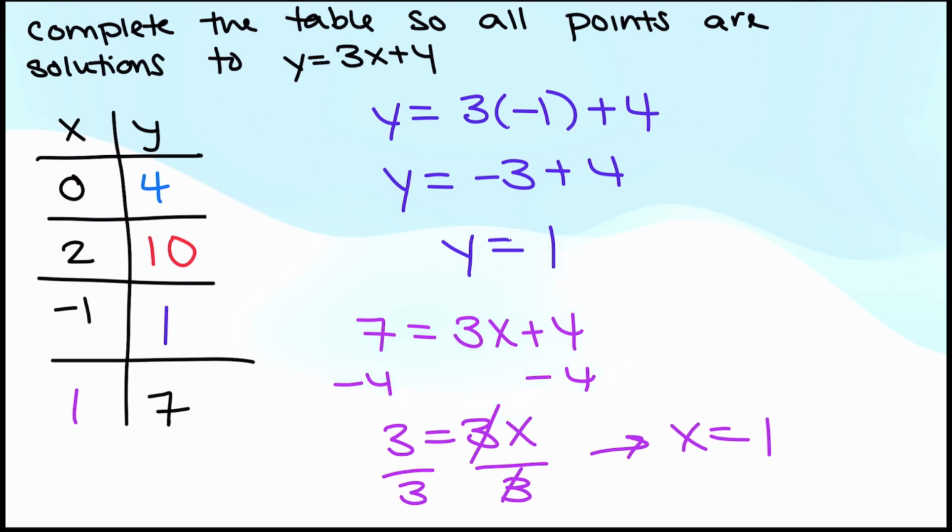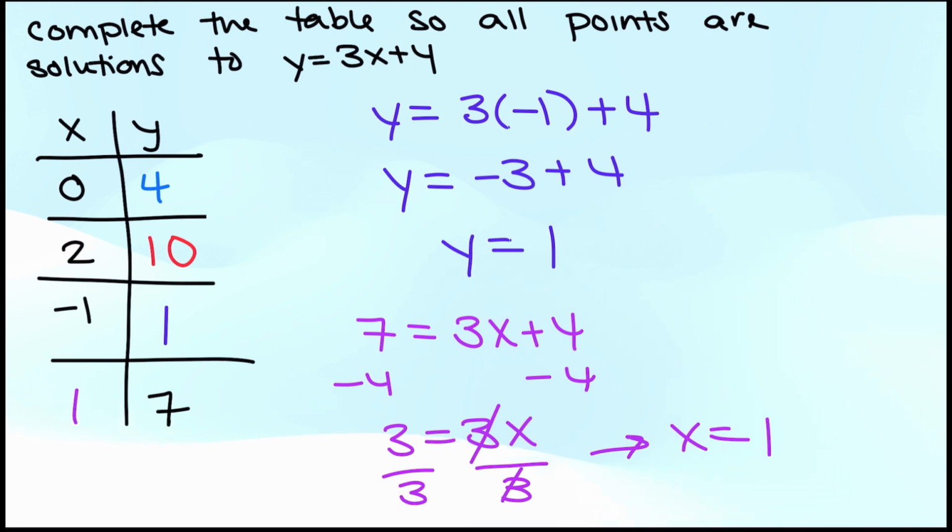Divide both sides by 3. 3 divided by 3 is 1. So x is 1. When x is 1, y is 7. And there's another solution. We could continue doing this for any number of points. So if you want to find solutions to a linear equation, you just need to know one variable, plug it in, and then you can solve for the other variable.